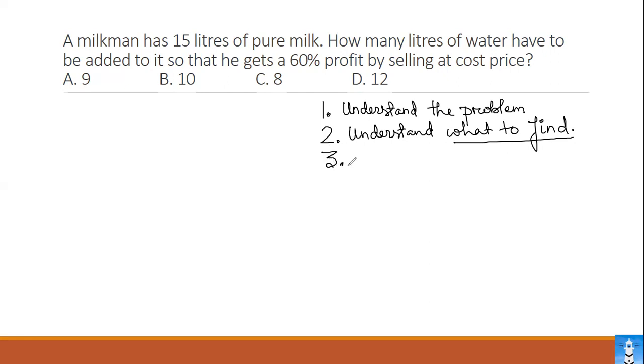And the third most important point is that you do it logically and step by step.